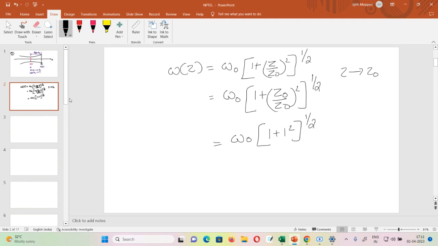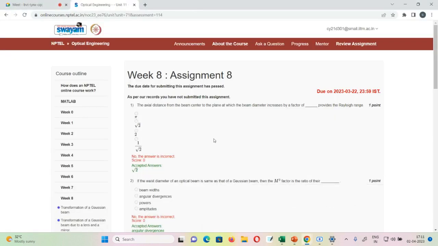This will be 2. So omega naught into root 2. Looking at the answer, Rayleigh range can be defined such that at the Rayleigh range, the beam radius will be root 2 times the beam waist. So the answer will be root 2. Okay. Next.